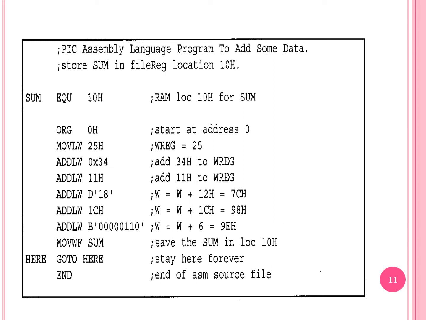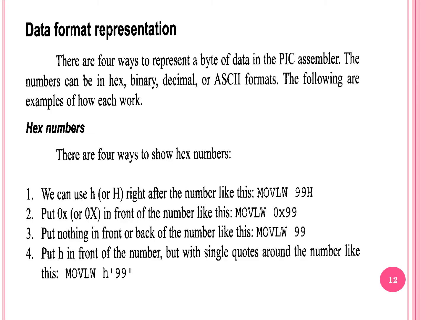A simple program. I wanted to tell you how to use directives, how to use data types, like number representation in decimal, hexadecimal, binary, and some basic instructions. So this code has included all those things.